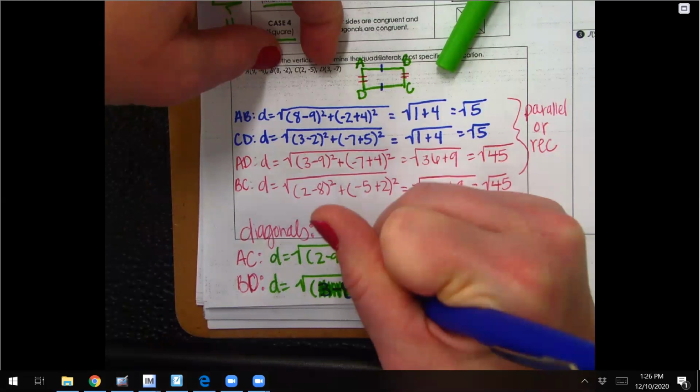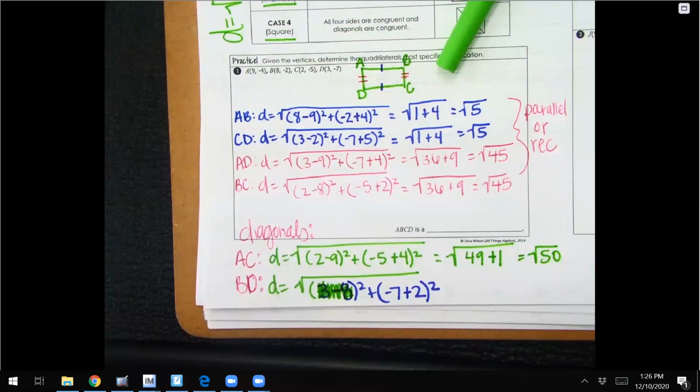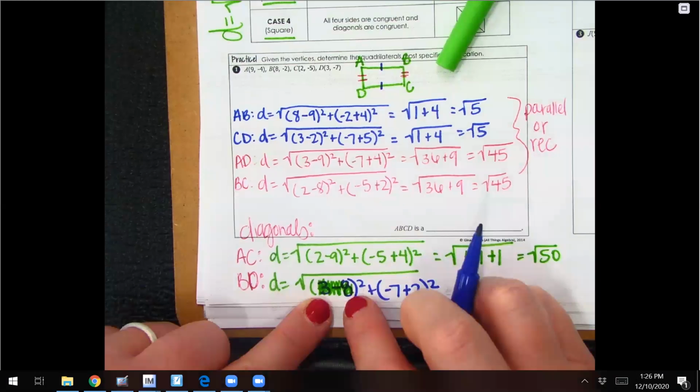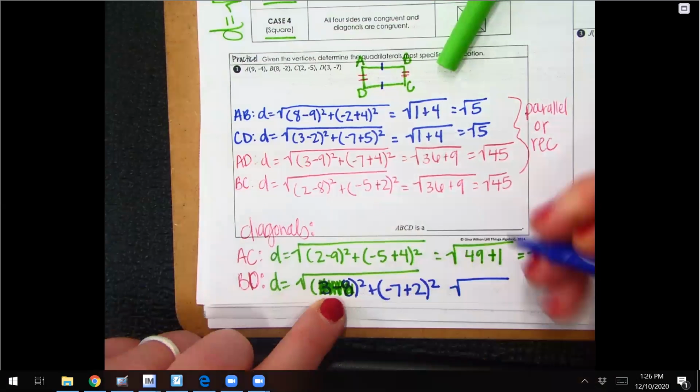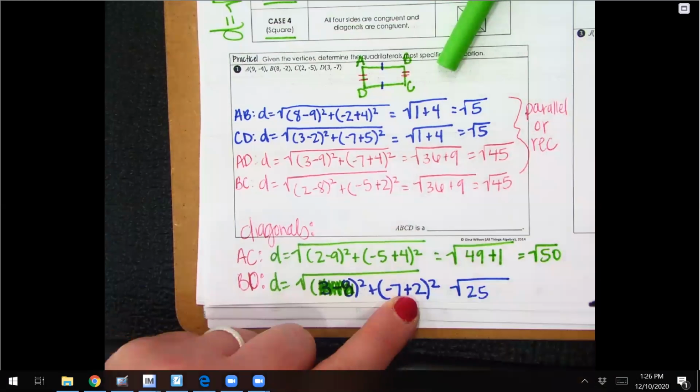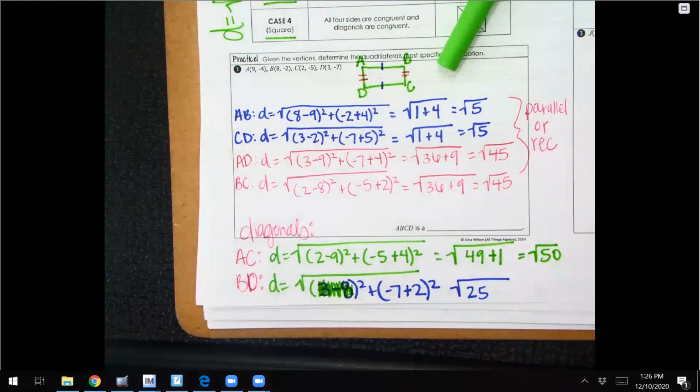So 3 minus 8 is negative 5, squared is 25. Negative 7 plus 2 is negative 5, squared is 25. 25 plus 25 is 50. So the diagonals are congruent.